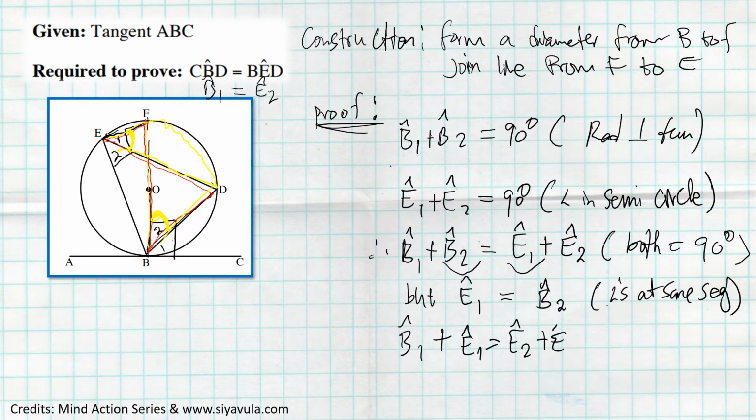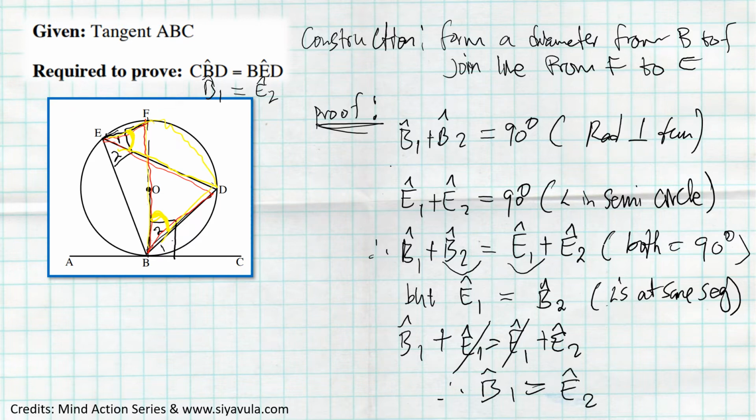So E1 and E1 will cancel each other because when you take E1 to the other side, it's going to be minus. So E1 minus E1, they go away. Therefore, we are left with angle B1 being the same as angle what?